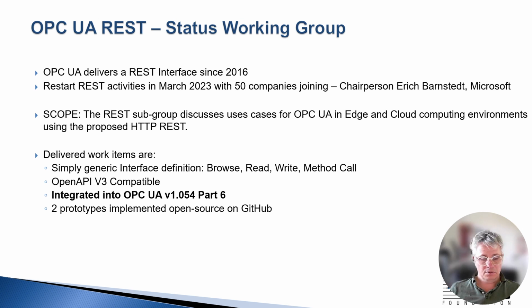This is important, especially given the fact that a lot of folks use open source today, and we wanted to make it as easy as possible to integrate the REST interface into your applications. So have a look out for the release of version 105, 105.4 specifically, and then have a look at the OPC Foundation GitHub. It's just GitHub/OPC Foundation, and you'll see it there in the next few months.